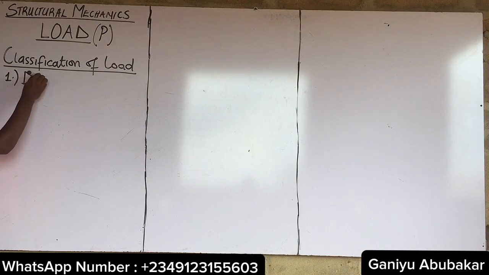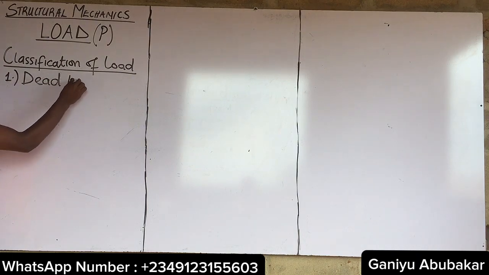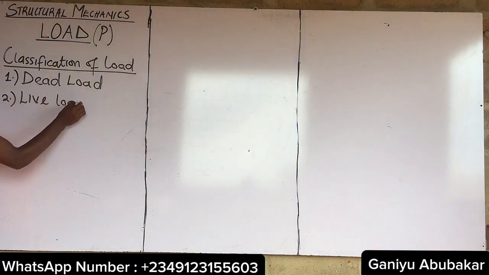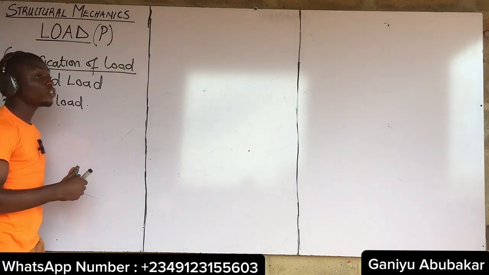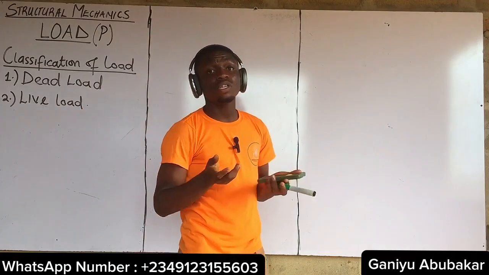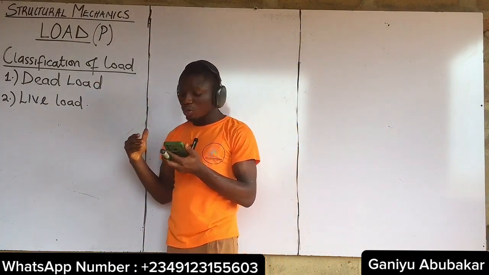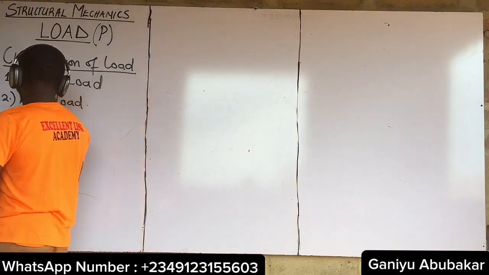Number 1, we have the dead load, and number 2, we have the live load. These are the two main classifications of load that we have: dead load and what? And live load. Let's call this concept one after the other.